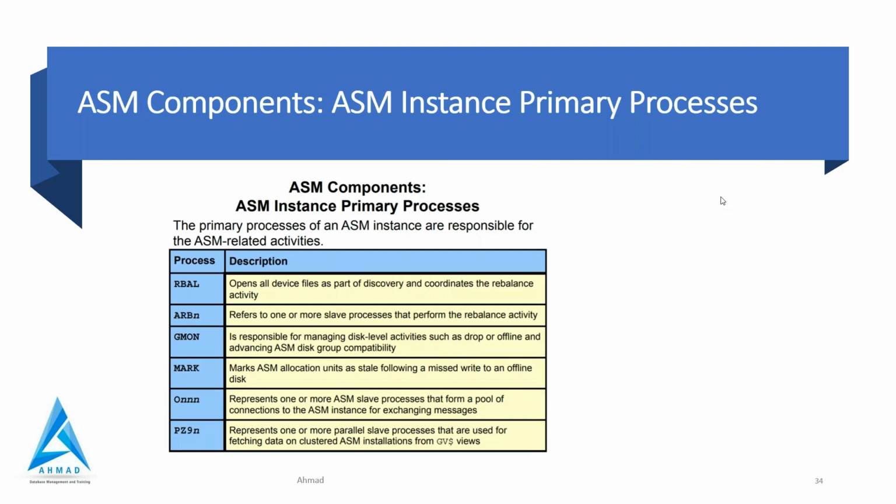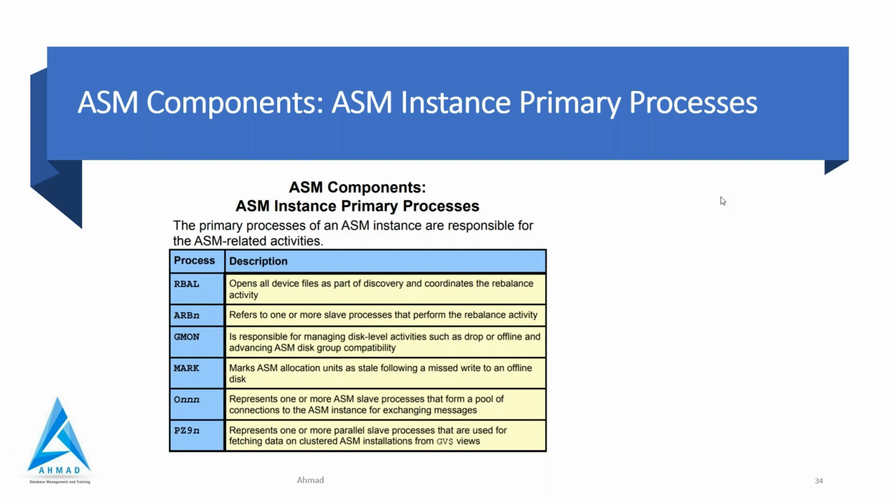ARBn performs the rebalancing activity. Gmon is basically responsible for disk level activity like dropping and offline, and if you are advancing compatibility also. And MARK basically marks the ASM allocation unit as stale.